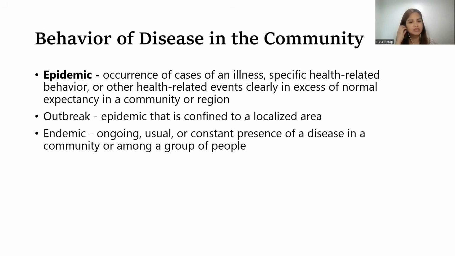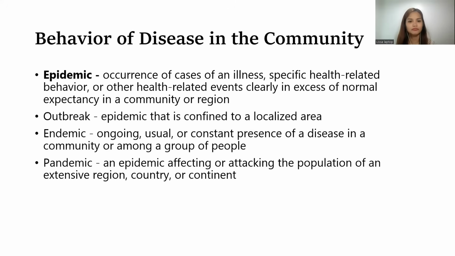For example, we always have dengue cases in our country. So that would be the endemic level of dengue. But there could be higher cases than the usual, so that would be an outbreak or an epidemic. A pandemic is an epidemic affecting or attacking the population of an extensive region, country, or continent.